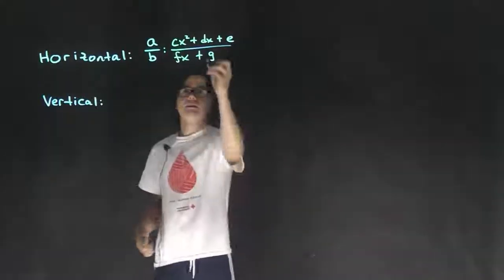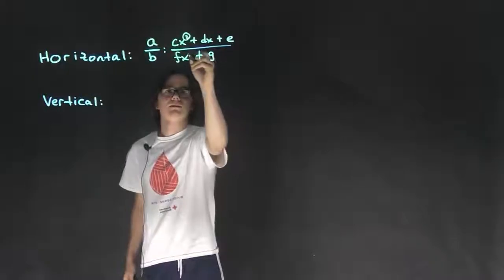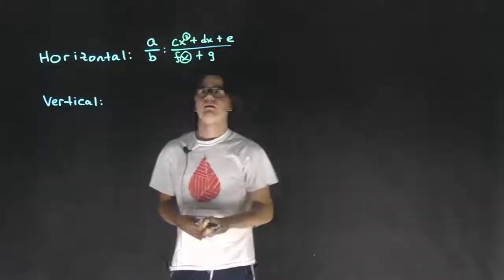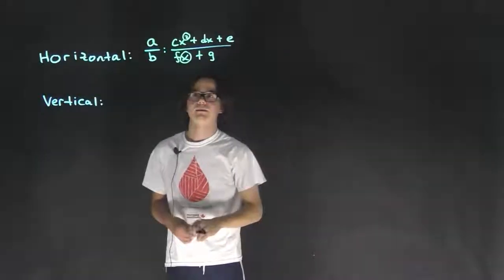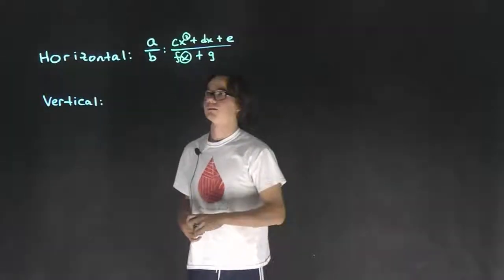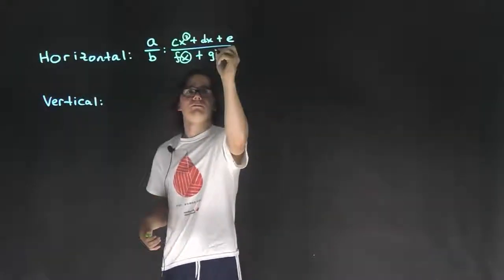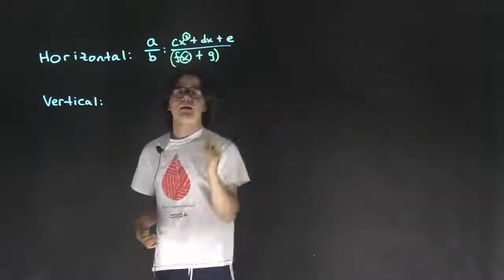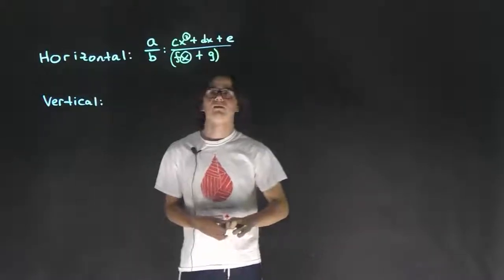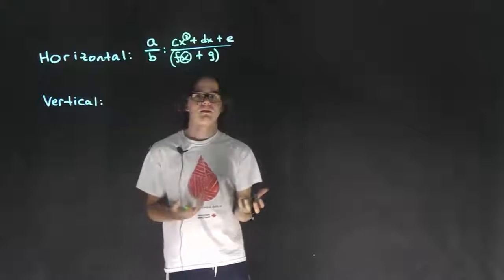Now, because the numerator polynomial has a greater exponent than the denominator's, this just means that the horizontal asymptote will be non-existent. And this is because when the denominator has a smaller exponent than the numerator, we can essentially divide this out and it will become a rational function.